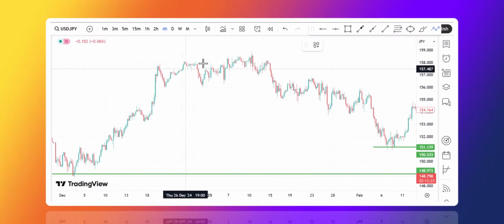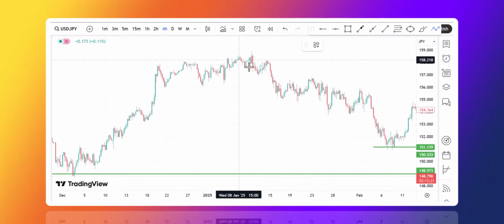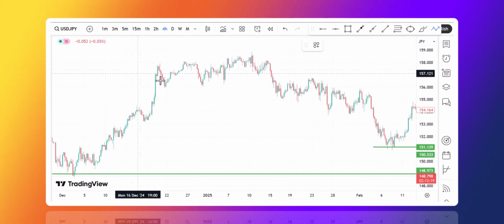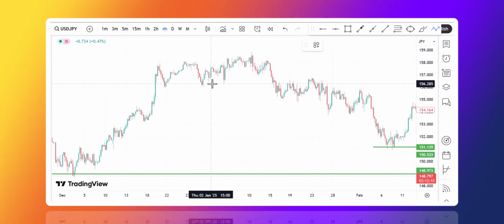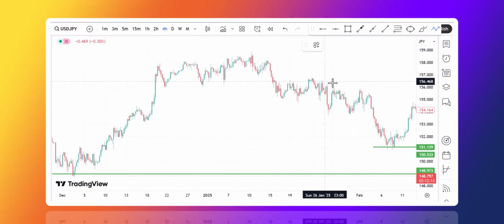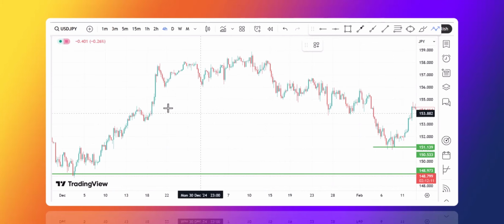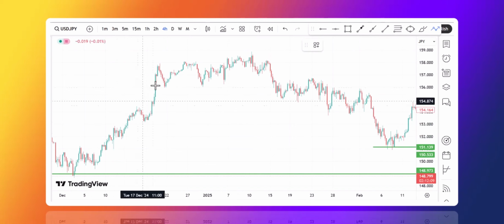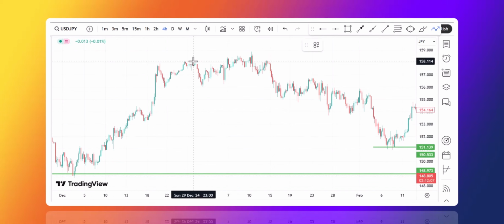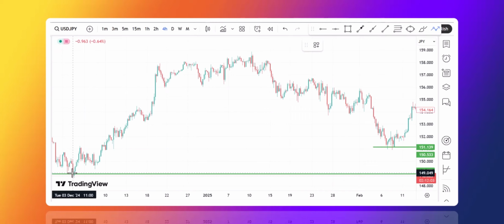So if you look at this, this is an uptrend, this is a downtrend, and we can see here that the market ranged for a while before there was a breakout and came back to retest and started falling. So here, this is an uptrend. If you have identified that this is an uptrend, the next thing is to mark your higher highs and higher lows.